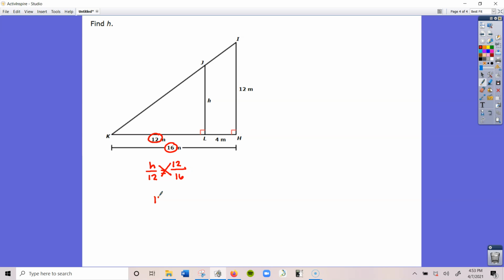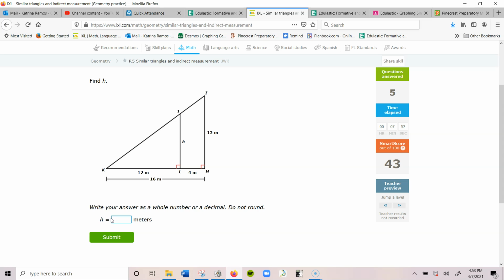H times 16 is 16H is going to equal to 12 times 12, which is 144. Divide by 16, and we get 144 divided by 16, which is 9. So that's how we solve these. We have to create the equation and then cross multiply. So this answer is 9.